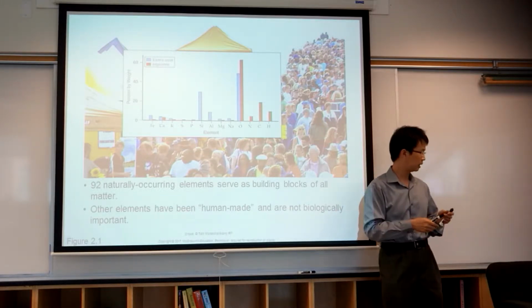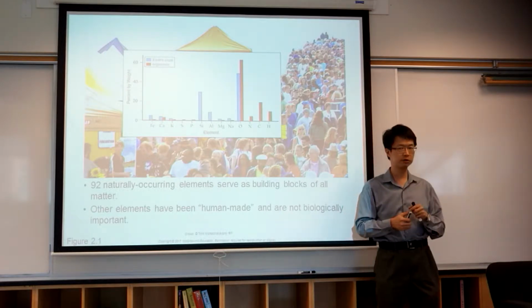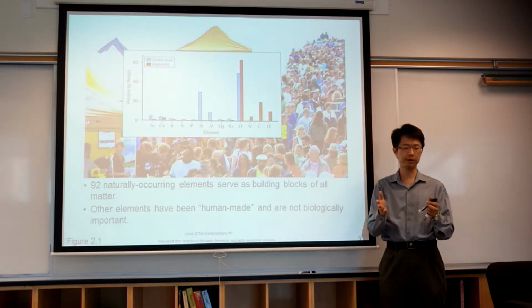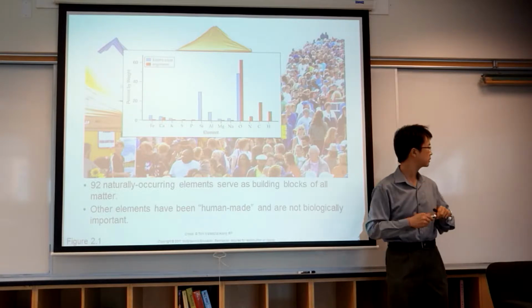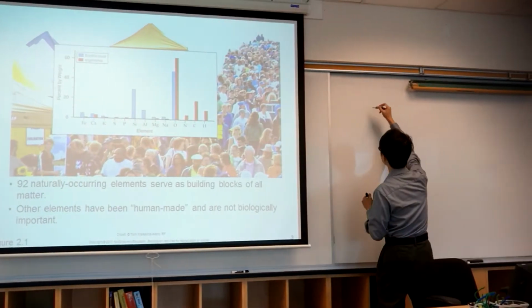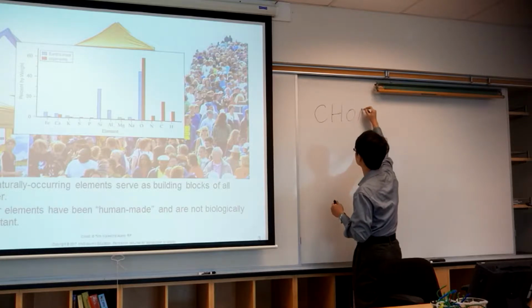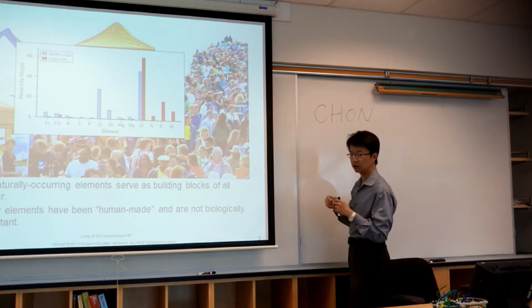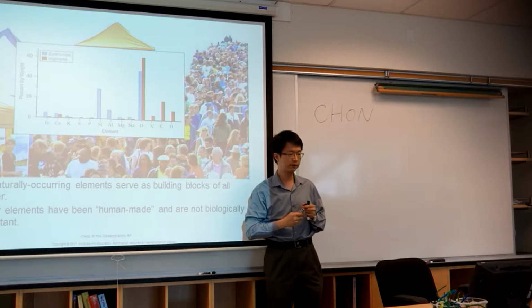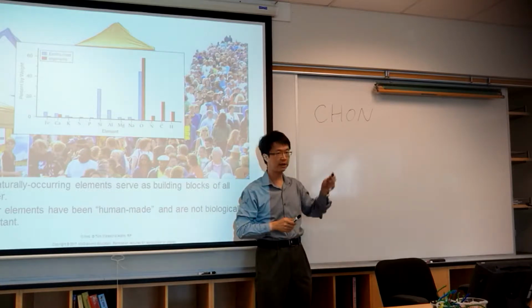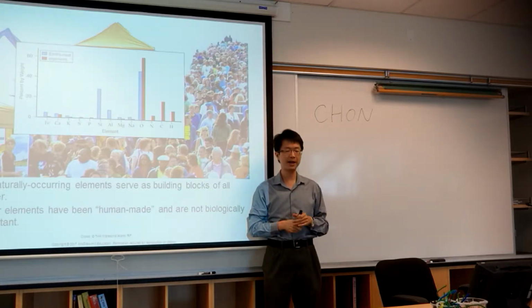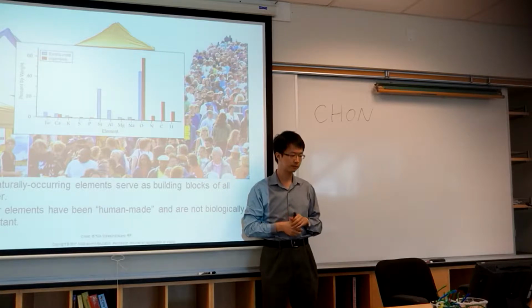I'll introduce your new favorite Asian friend from now on. The good way to memorize is Chong. Chong will be your new favorite Asian friend from now on because his name reminds you of the four most abundant elements in the human body.